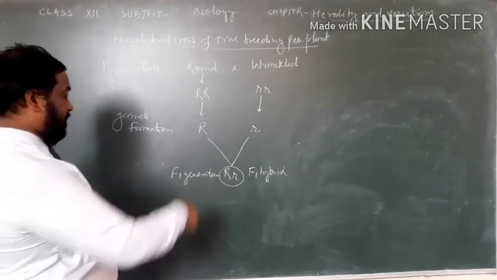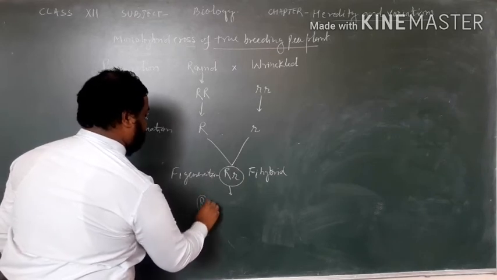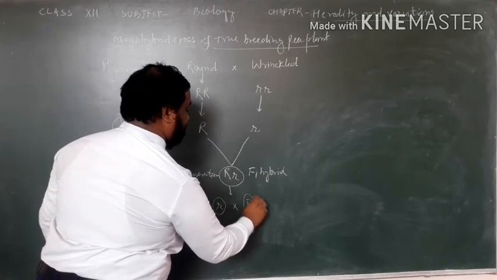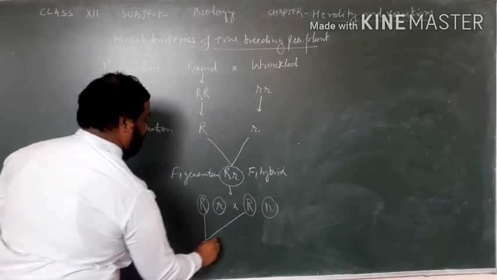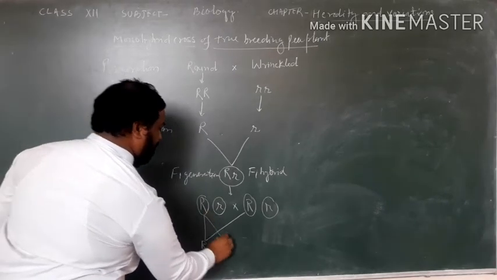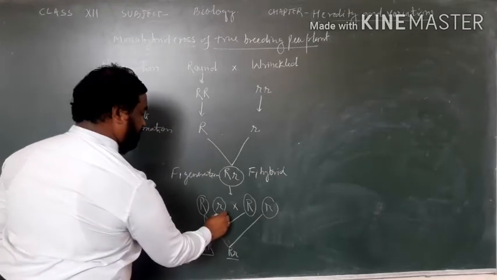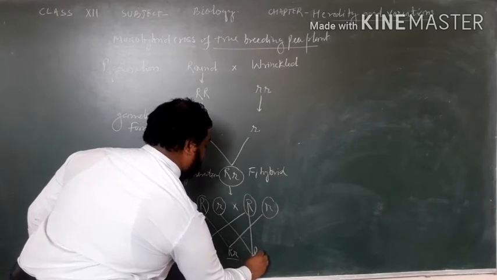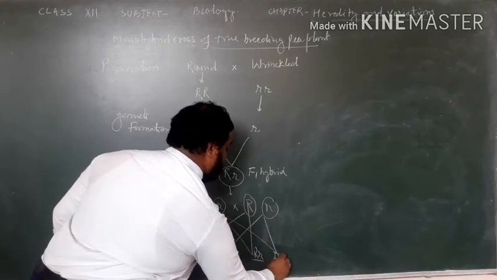So if we again cross capital R small r with capital R small r, here capital R to capital R is homozygous dominant, capital R to small r heterozygous, small r to capital R heterozygous, and small r to small r.